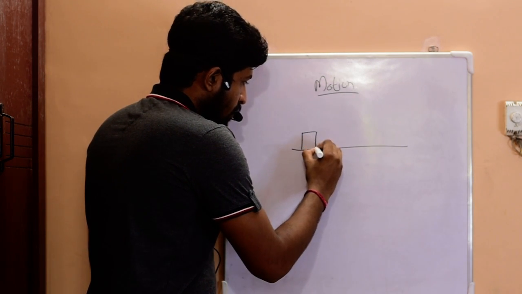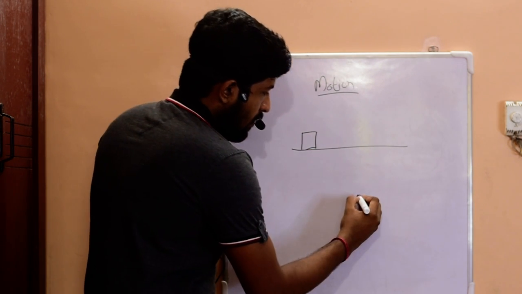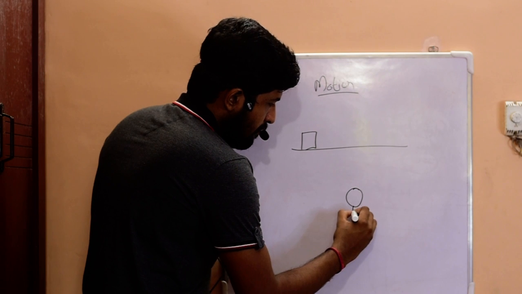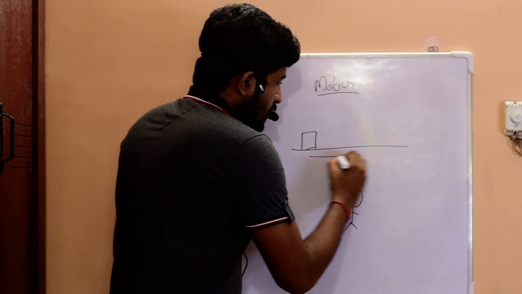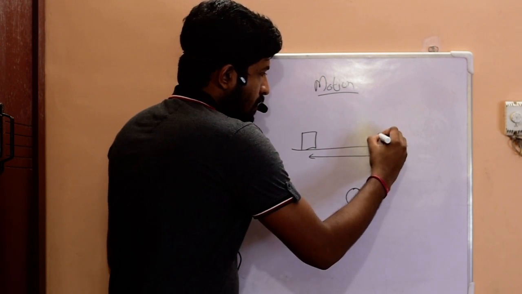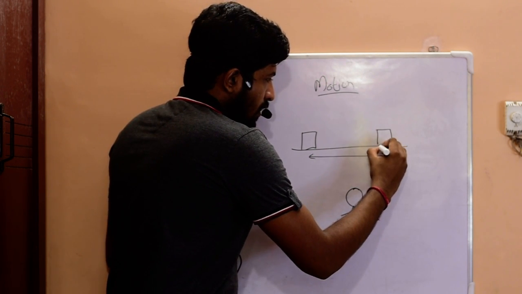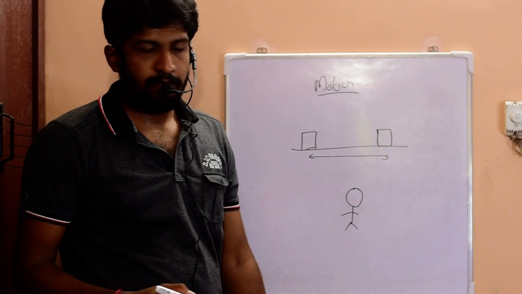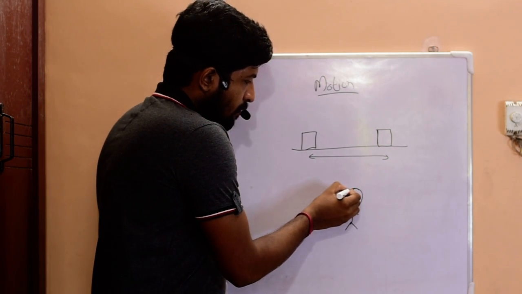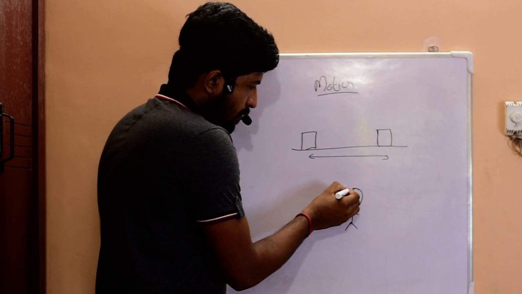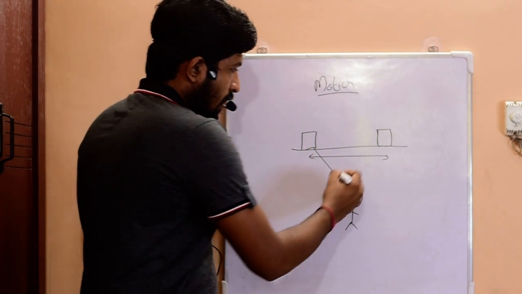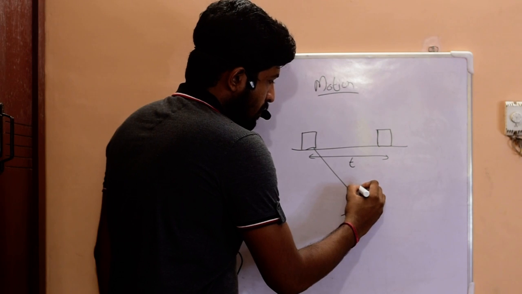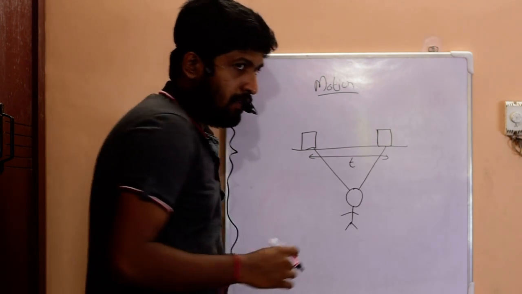Consider there is an object here and here is an observer. After a time t, the object changes its position and it stops here. The observer is viewing this object in this direction. After a certain time t, he has to change his perspective and look in this direction.